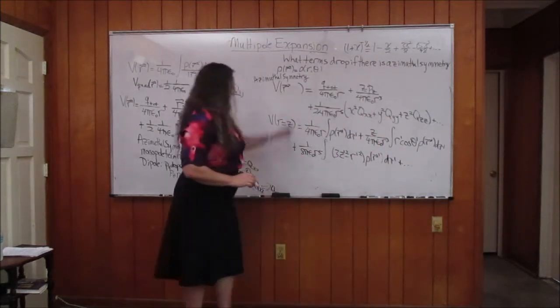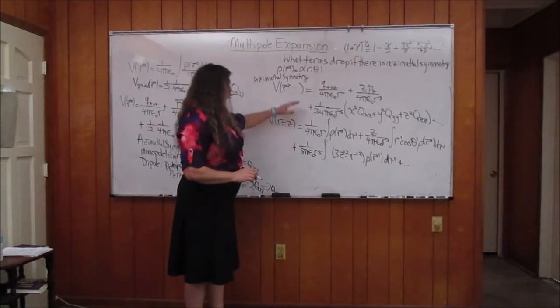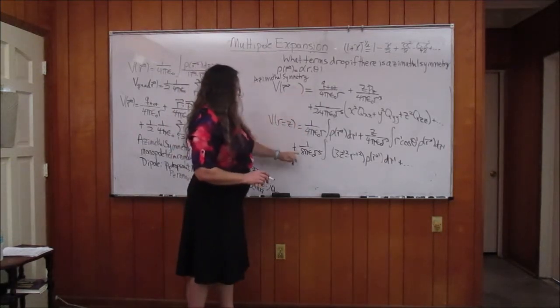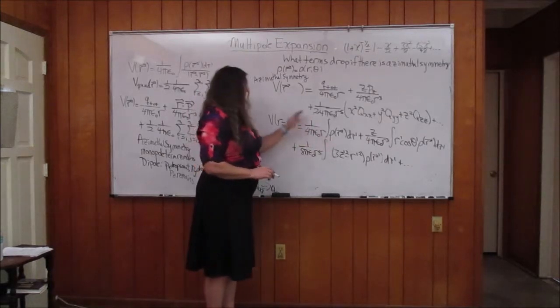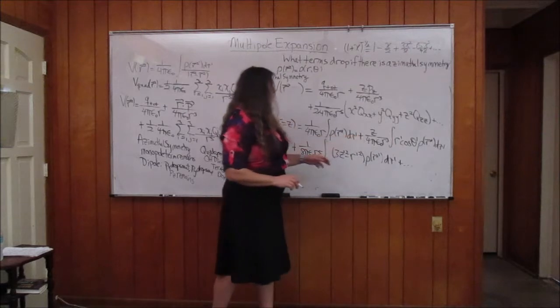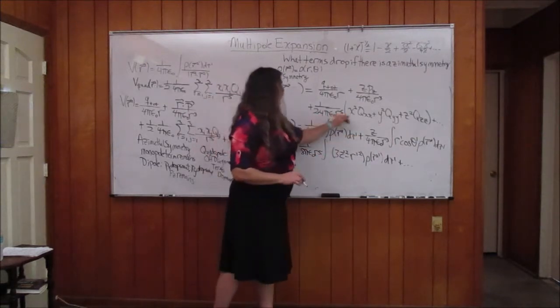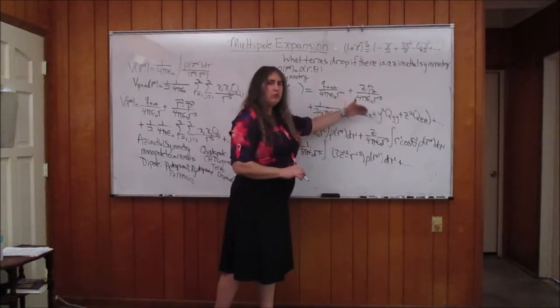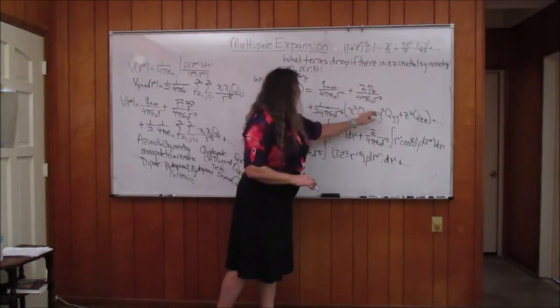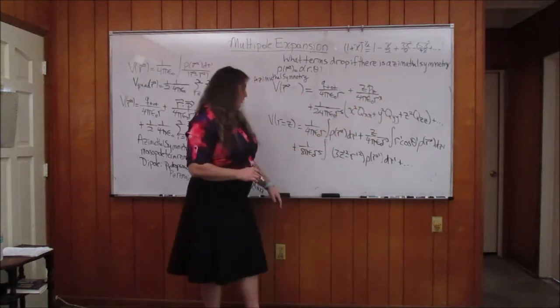Okay, so all I'm doing is writing this expansion as if I'm evaluating it at r equals z. So for these two terms, nothing drops out, but when I write the third term down, the term for the quadrupole, because we are evaluating along the z-axis, this term and this term drop out because x and y are going to be 0.